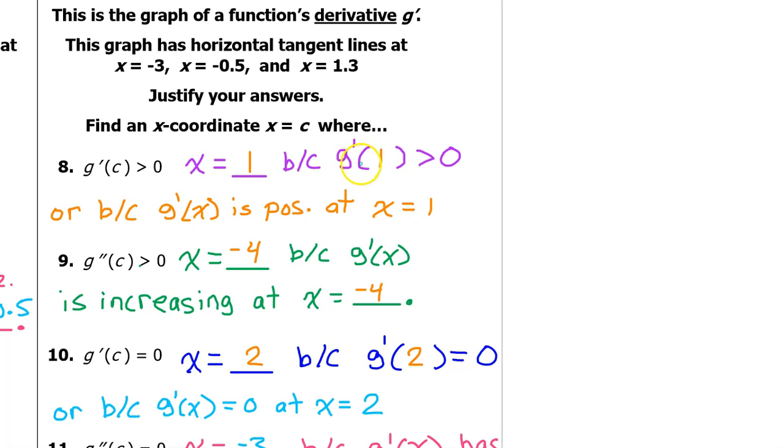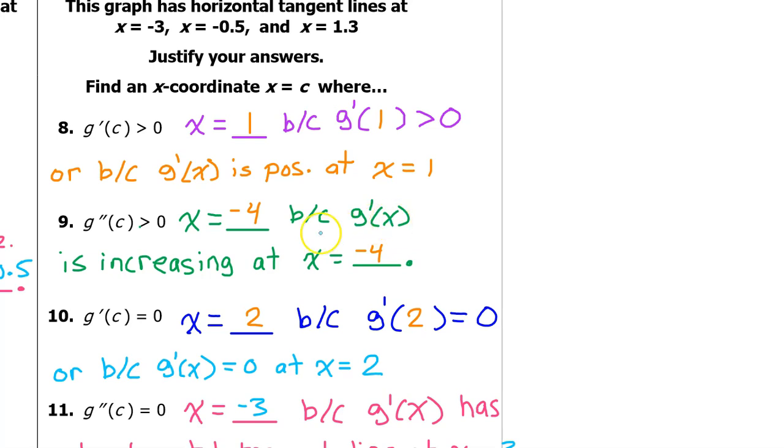I was very careful to avoid using vague terms like the function, or the graph, or the curve, or it. Instead of saying because the curve is greater than 0, or instead of saying because the graph is increasing, or instead of saying because it is equal to 0, in each case I said g prime. Make sure you are always very specific and name the function on which you are basing your justification.